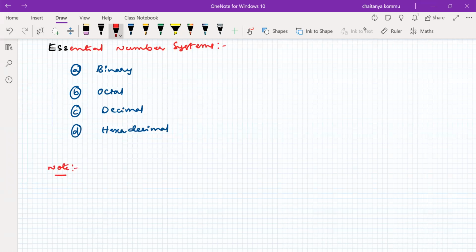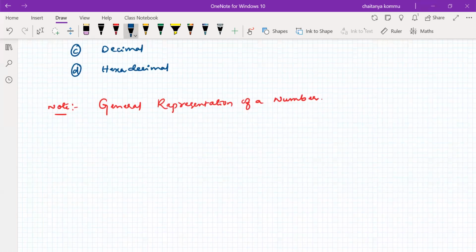The general representation of a number. We write something like this. For example, A is our number, written from A(n-1), A(n-2), A(n-3), and so on, up to A3, A2, A1, A0.